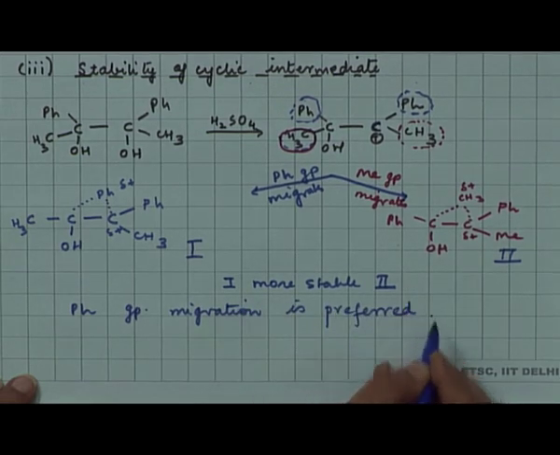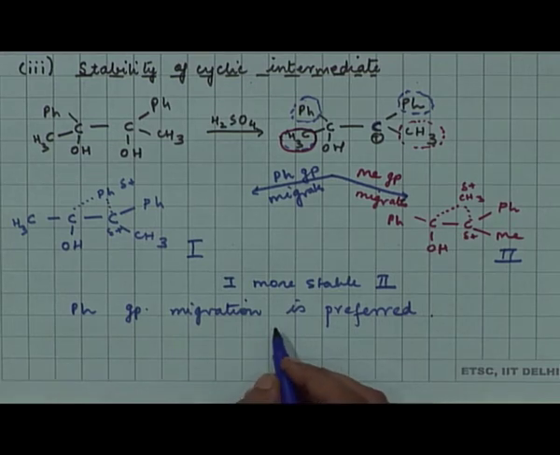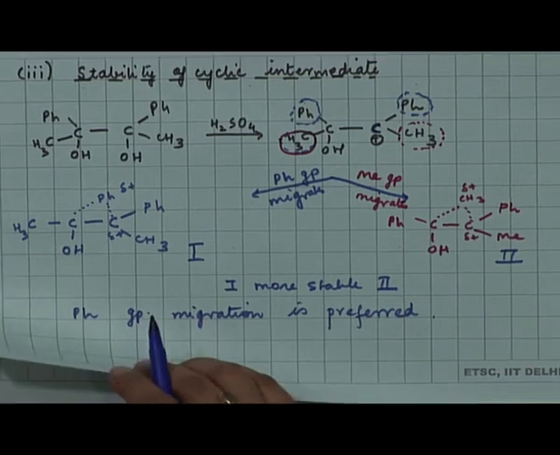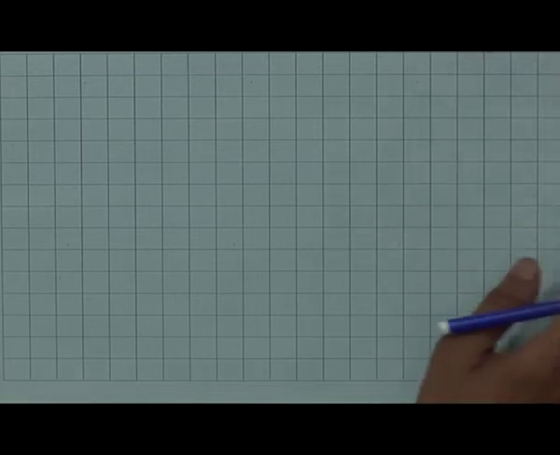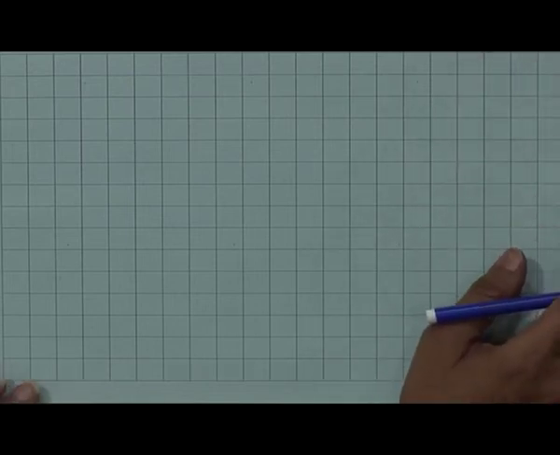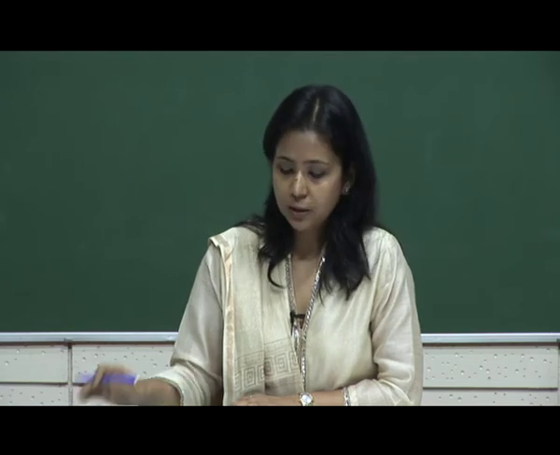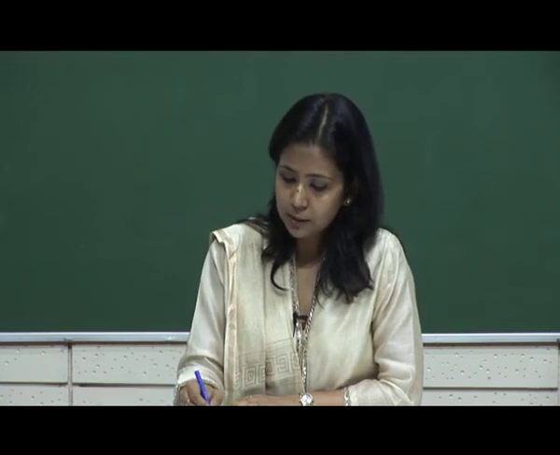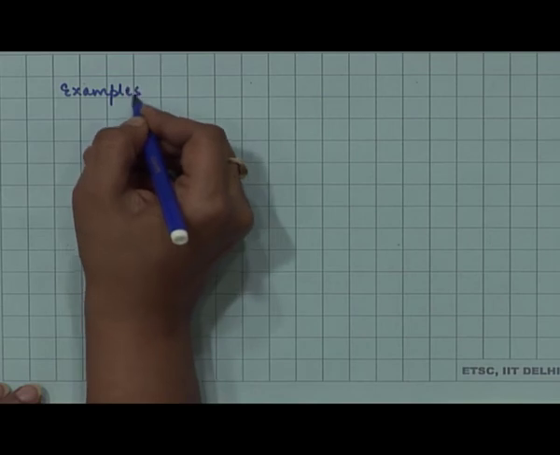So, this is from where we draw the rationale that phenyl gets preference over an alkyl group migration. Based upon this logic, let us take a few examples and see what are the products which are going to arise from this Pinacol-Pinacolone rearrangement, to validate what we have just said.